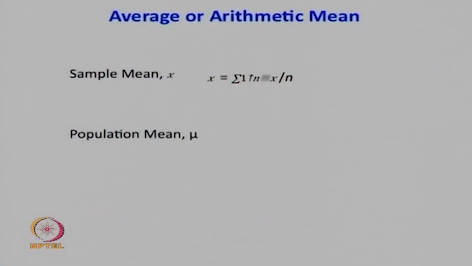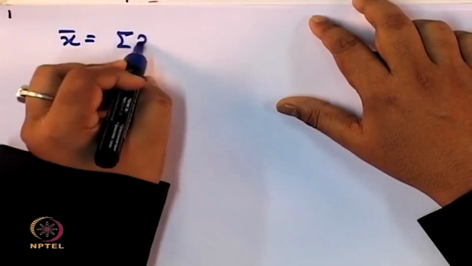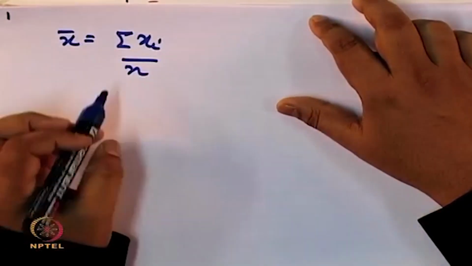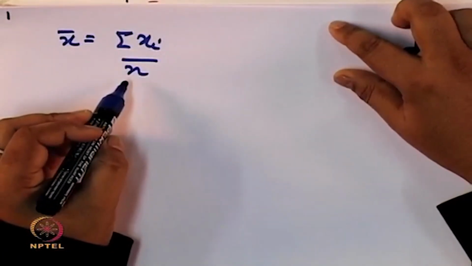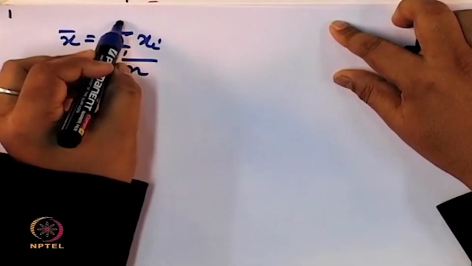Okay. So, let us begin by starting with our discussion of arithmetic mean. We had discussed that you could calculate arithmetic mean simply by writing x bar is equal to summation of xi by n, where n is the number of observations in the sample. The summation runs from i equal to 1 to i equal to n.